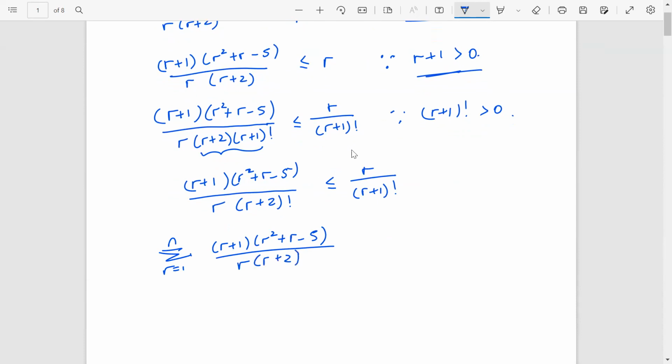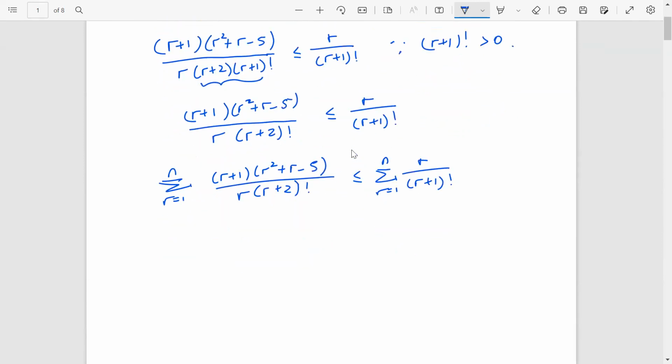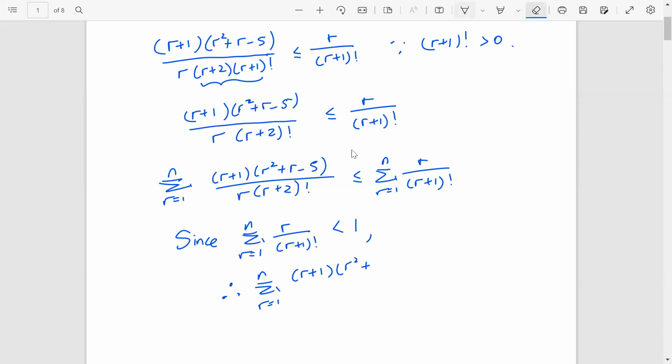Okay, so now that you get this comparison, since the summation of r over r plus 1 factorial is less than 1, therefore, the summation of r plus 1, r squared plus r minus 5 over r plus 2 factorial is less than 1. So you see, you're making a mathematical argument.